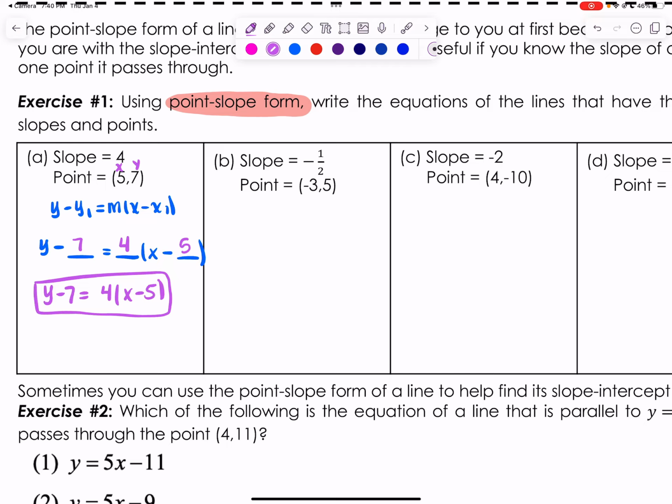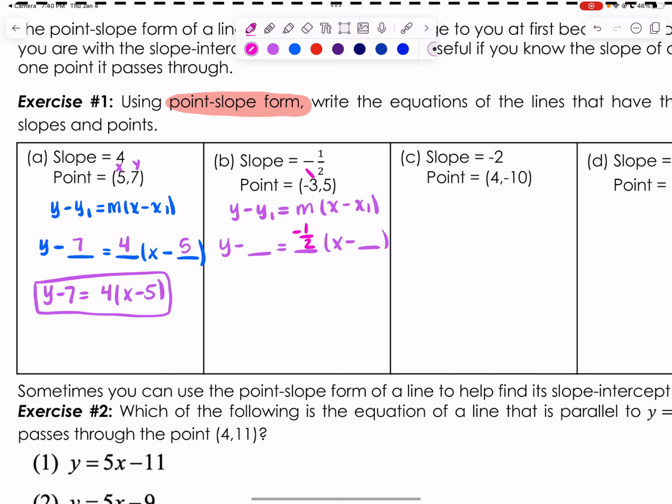So now in our next example, our slope is -1/2 and our point is -3, 5. So let's go into that filling the blank idea. So y minus a blank equals a blank times x minus a blank. We know our slope is -1/2, so I'm going to put in a -1/2 next to my parentheses.